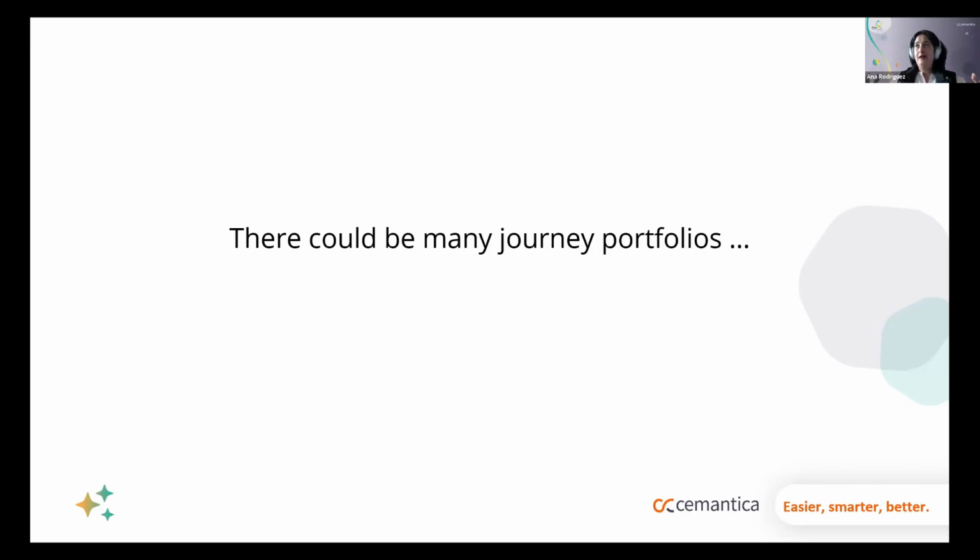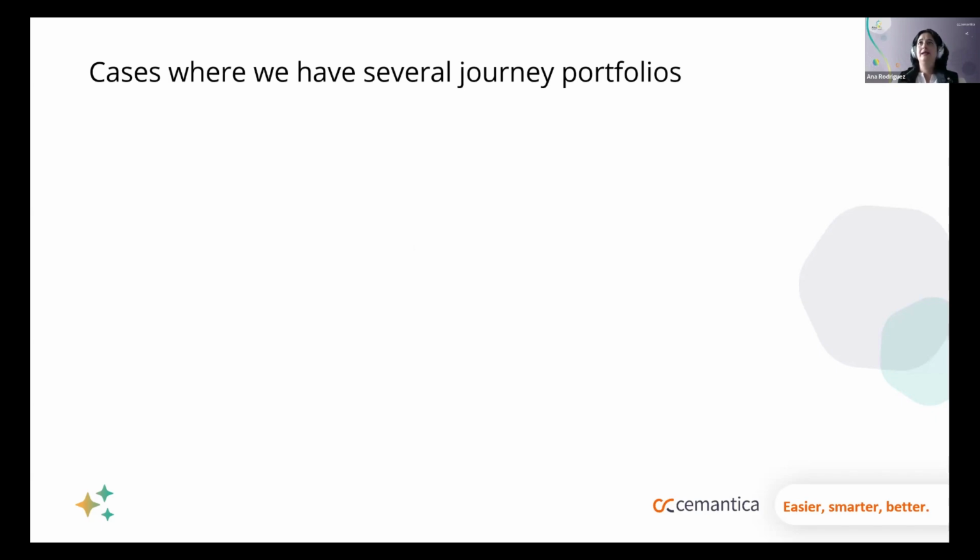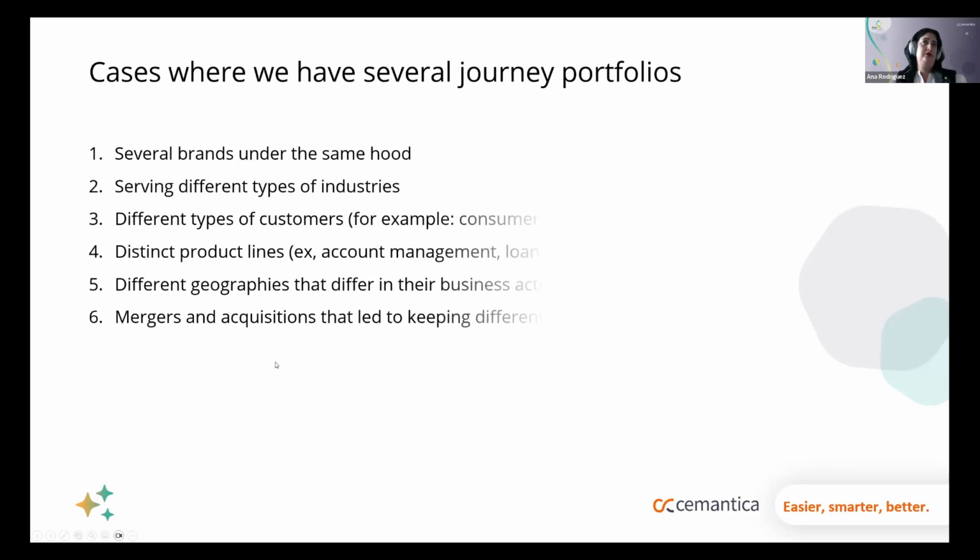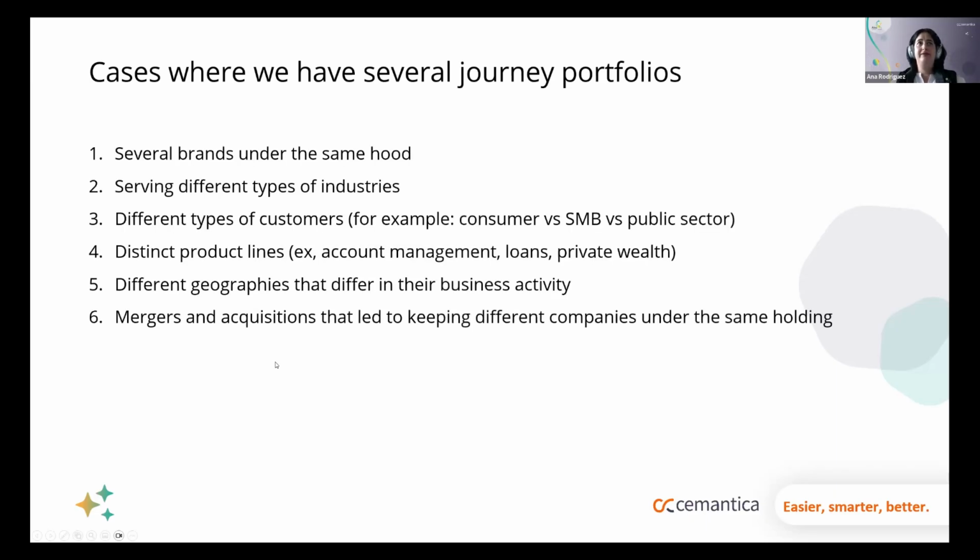So think about your company and how many journey portfolios you can have. Here we provide some examples. For example, if you have several brands under the same roof, the company has several brands providing different services for different targets. So perhaps it does make sense to create a journey portfolio per brand.